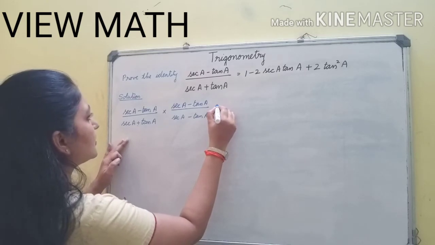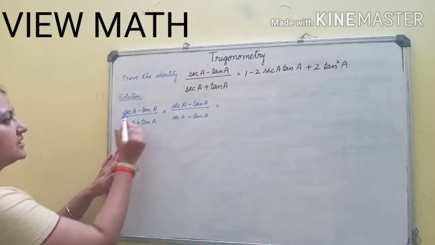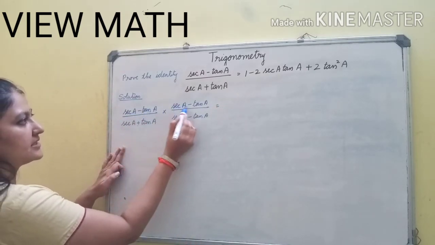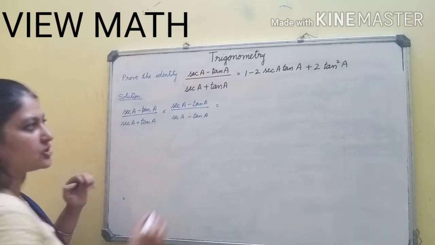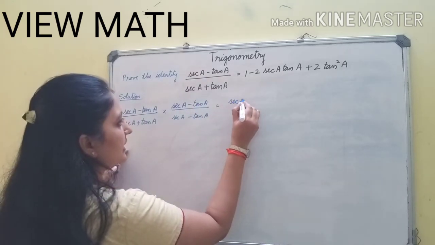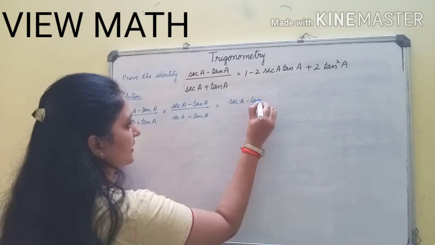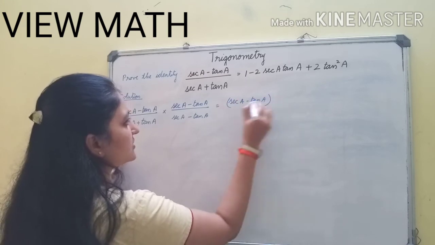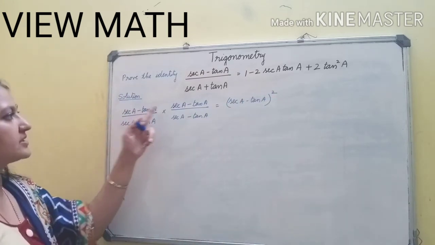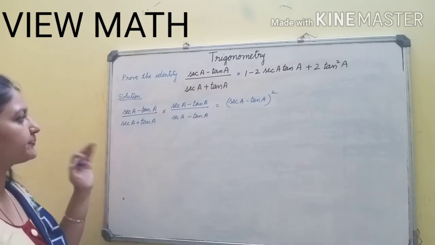Now this is equal to, what will happen in the numerator? Secant A minus tan A, secant A minus tan A, both are the same, so I'll be getting secant A minus tan A the whole square.